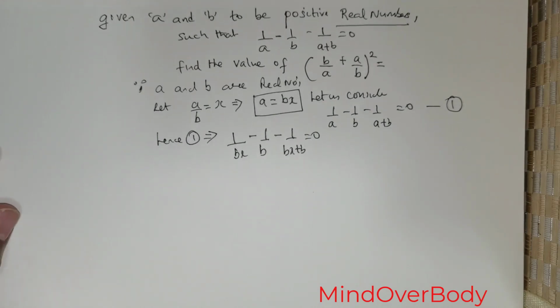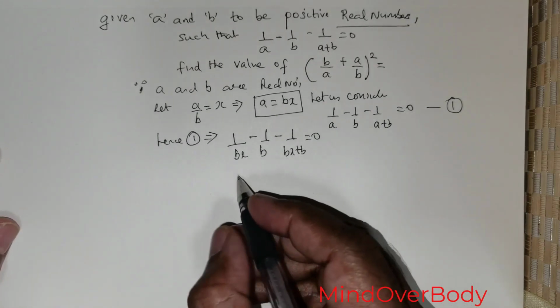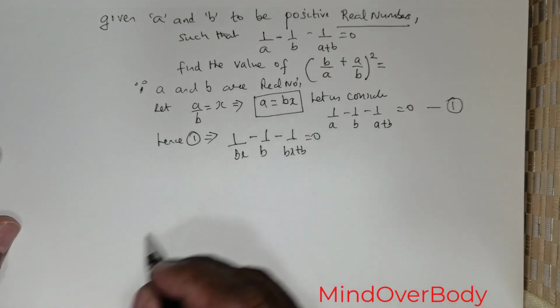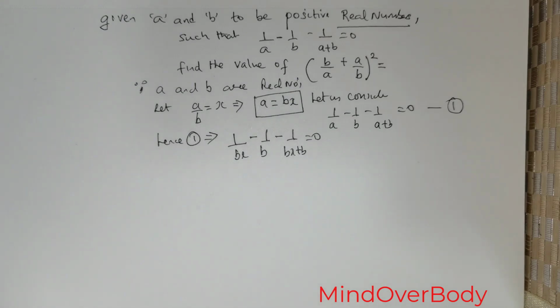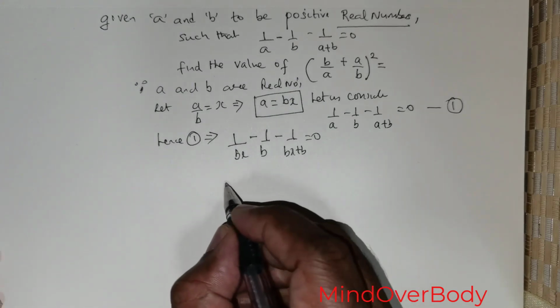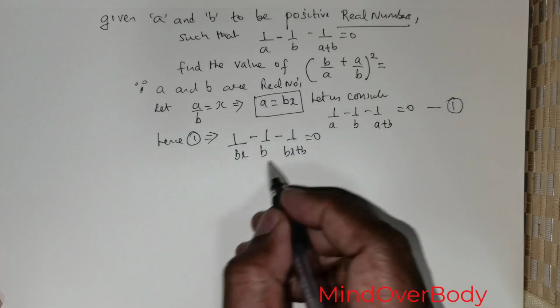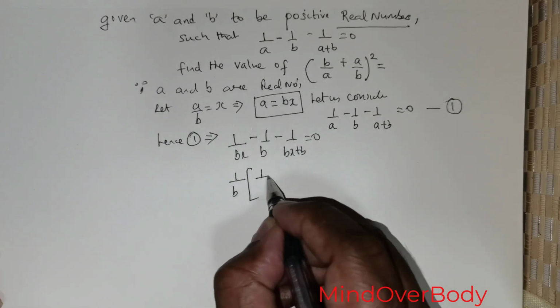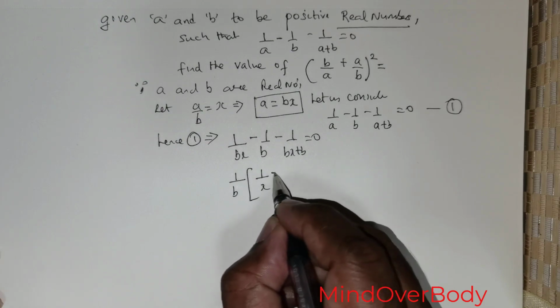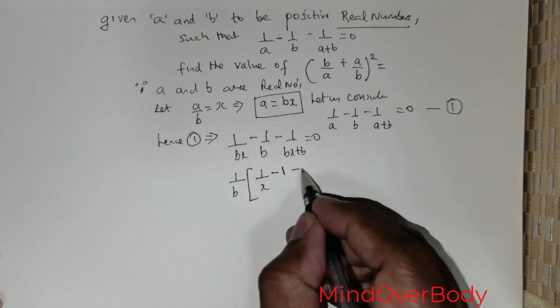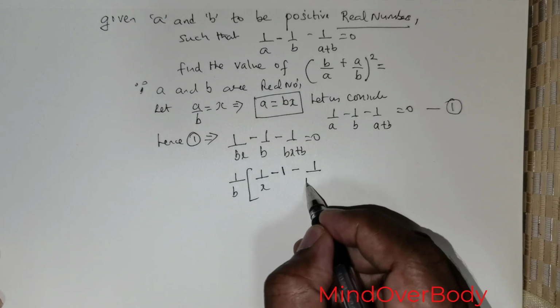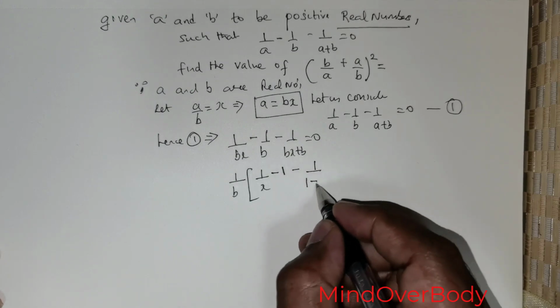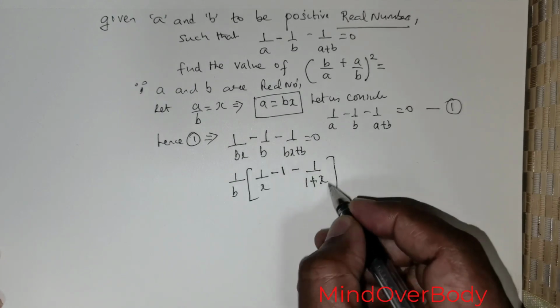This is what I've got. Now I can actually take B out from all these components. So I can rewrite the left hand side as 1 over B times (1 over x − 1 − 1 over (x + 1)), but I will write it as 1 + x, is equal to 0.